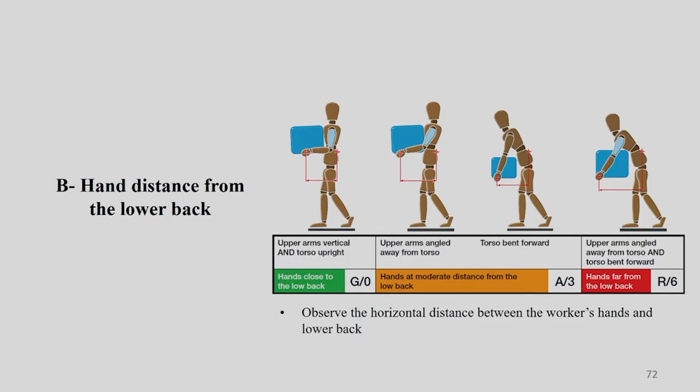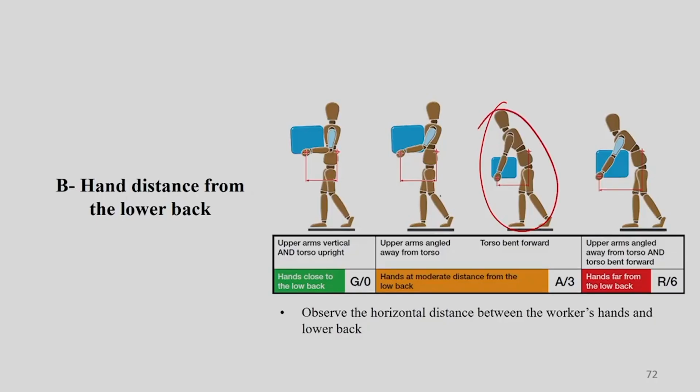Now, in case it is not, there are two more values. The amber zone says the upper arm has some angle away from the torso. So the load is close to your body, however, it is not so close that you can keep your upper arm along with your torso. You are holding it a little away from your body.